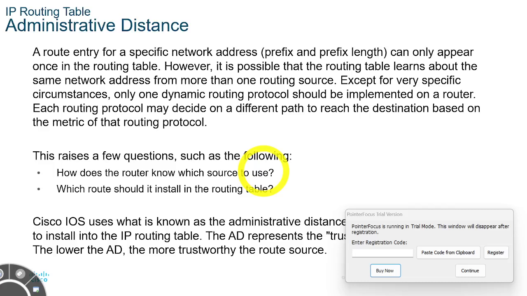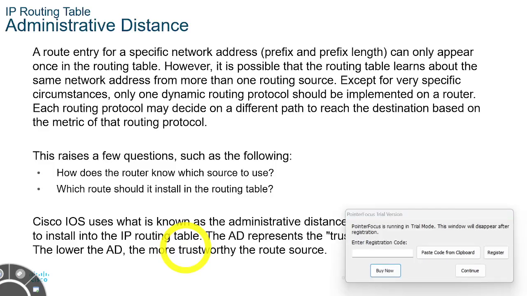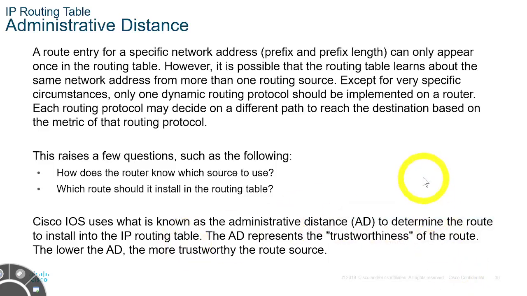110/50, for example. Operating systems in Cisco use what we call administrative distance. Administrative distance helps routers to determine the route which should be added to the routing table. Okay?